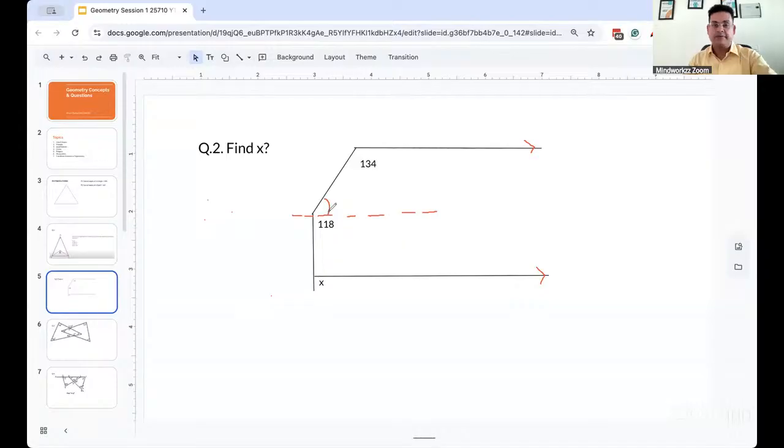It will be 180 minus 134 because they are co-interior angles. Okay. Let us find this value. What will be the value of this? 180 minus 134, which is 46. I hope this is clear.